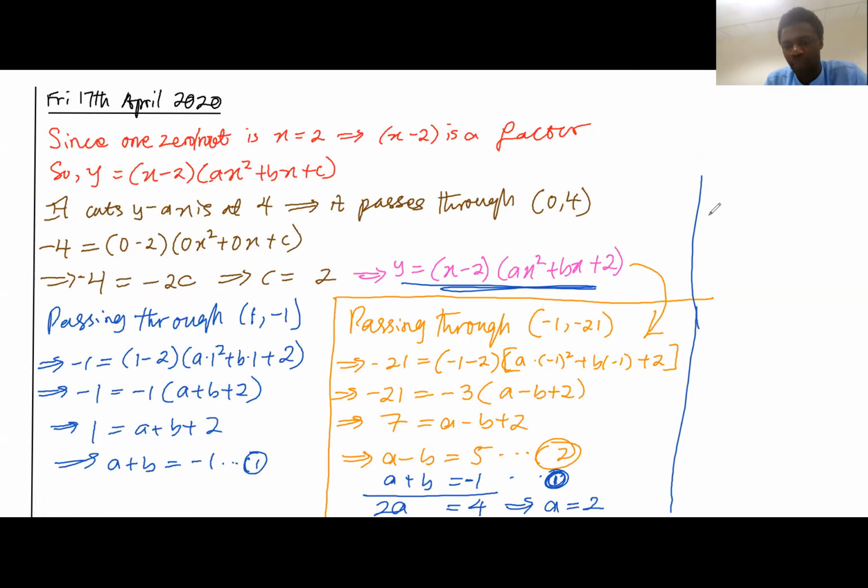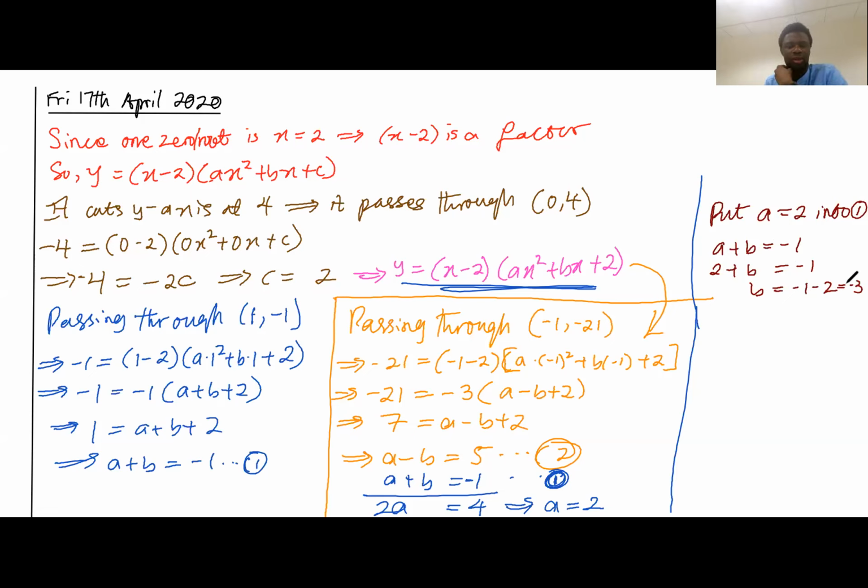Yep. Okay, so I can put a equal to 2 into equation 1. Equation 1 is a plus b equals minus 1. So I get b equals minus 1 minus a. I'm just going to substitute here before I write nonsense. So that's minus 3. So now we have everything we need, a, b, c, right?